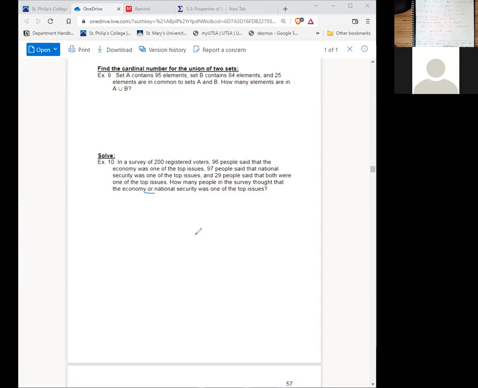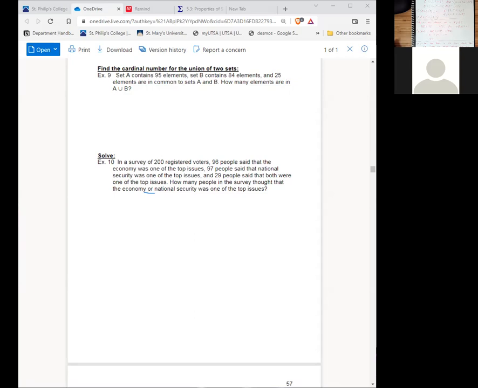Okay, so that's the keyword right there. They want to know the number of elements in A or B, which means the number of elements in A union B. That's the real question.